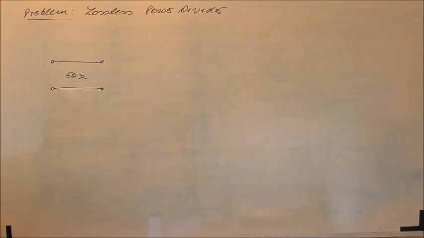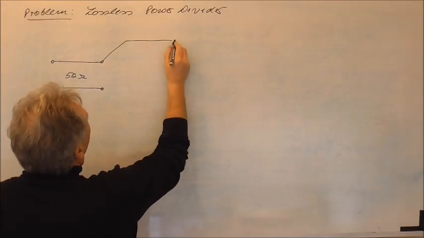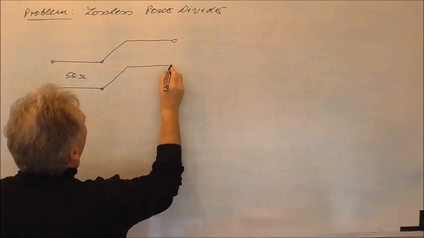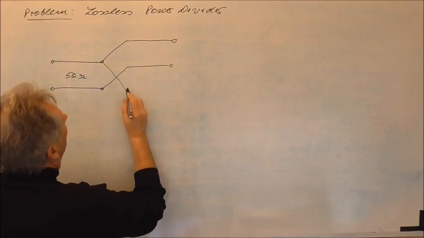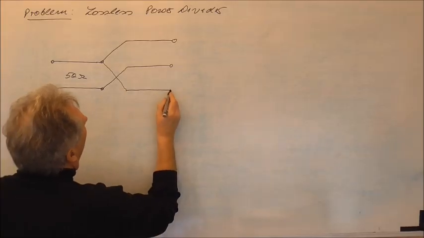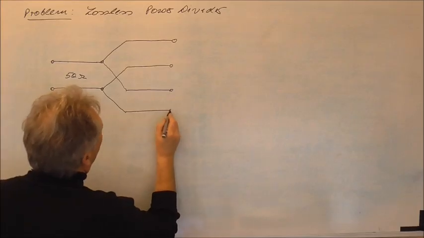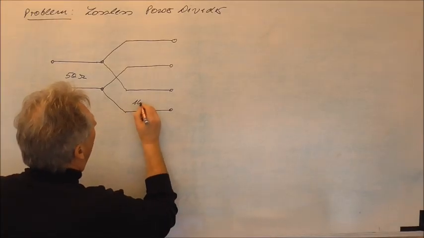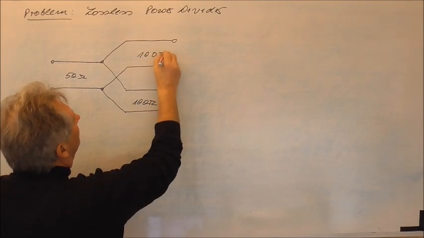To split the power, we now use two further transmission lines, which looks almost like this. And these two transmission lines I assume to have a characteristic impedance of 100 ohm.